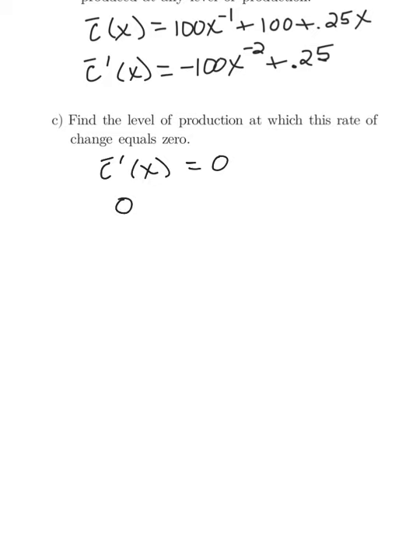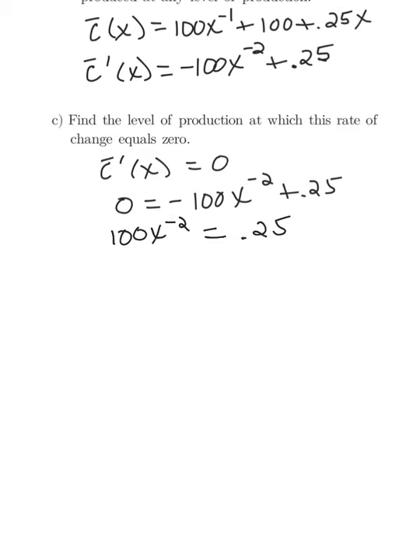So we're going to do 0 equals negative 100 x to the negative 2 plus 0.25. I'm going to move the first term to the other side so it'll become positive. And we will now have positive 100x to the negative 2 equals 0.25.